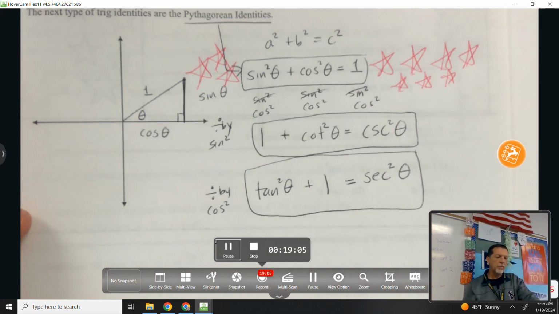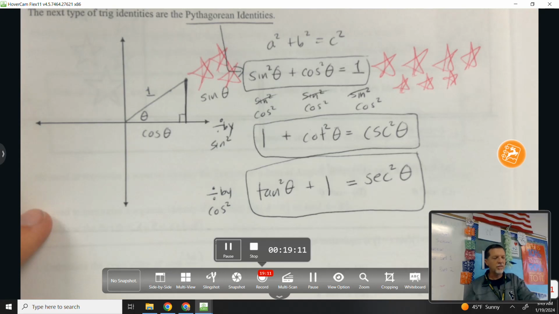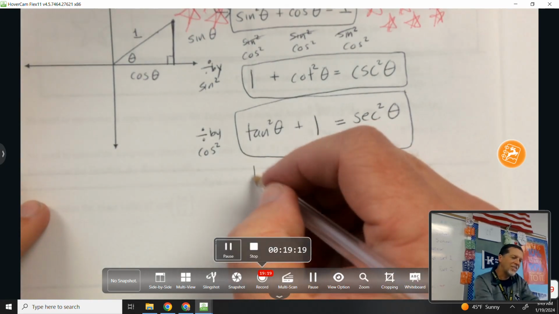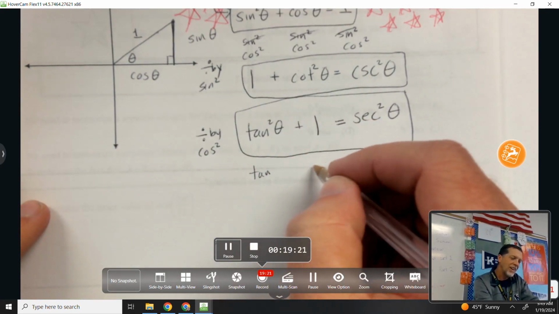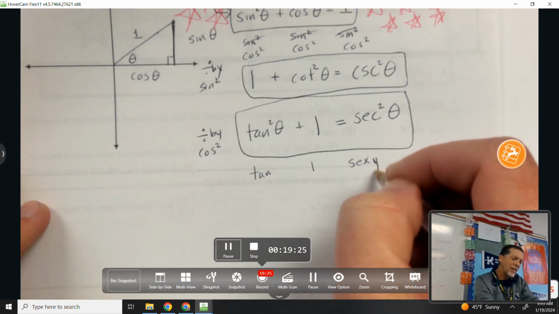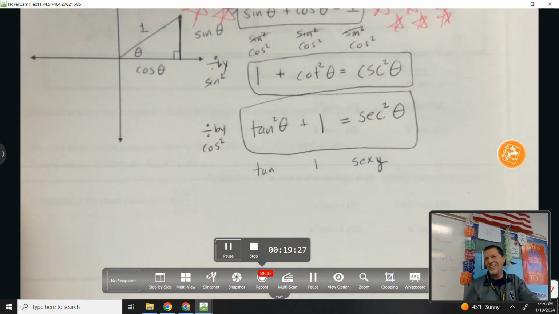That picture down at the bottom is there's supposed to be some story that reminds you that tangent and secant go together. I don't know what the story is though. But what someone came up with last year, or somewhere, the tan ones are sexy.